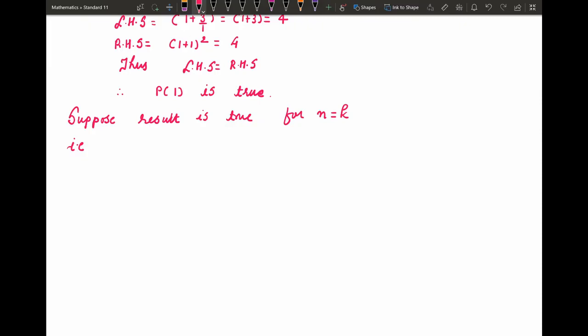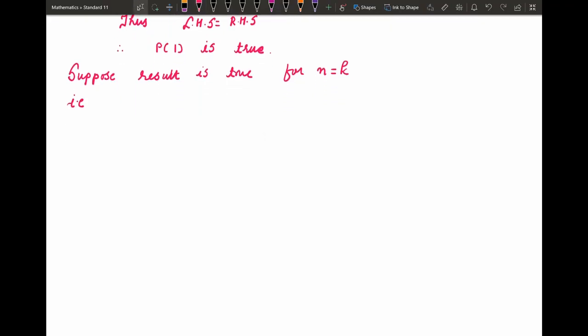So you take care of this one: (1 plus 3 by 1)(1 plus 5 by 4) and so on up to (1 plus (2k plus 1) upon k square) equal to (k plus 1) whole square. Say this is result number 1.